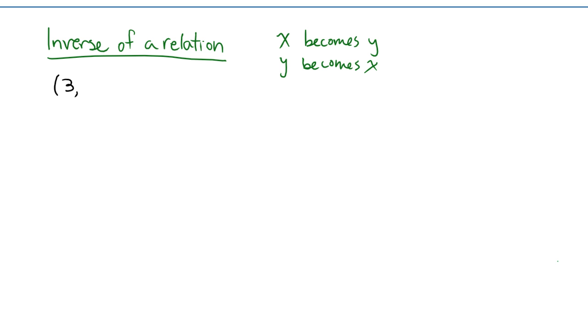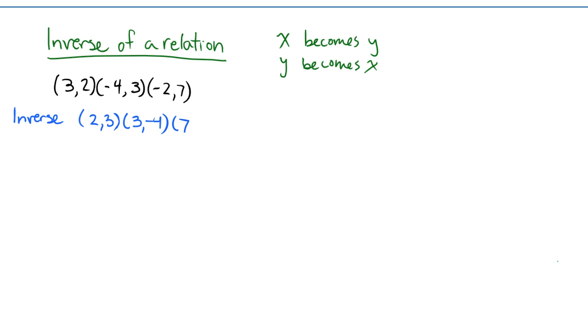We have (3, 2), (-4, 3), and we can do one more, (-2, 7). So the inverse of this set would be (2, 3), (3, -4), and (7, -2).